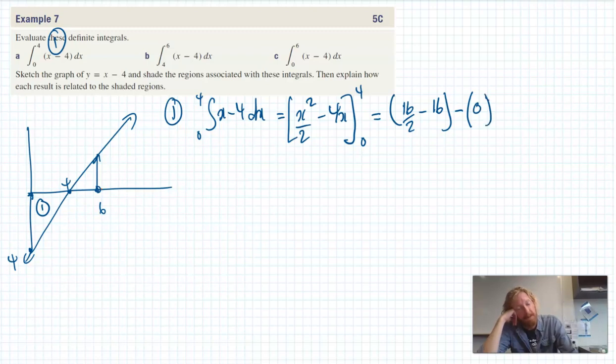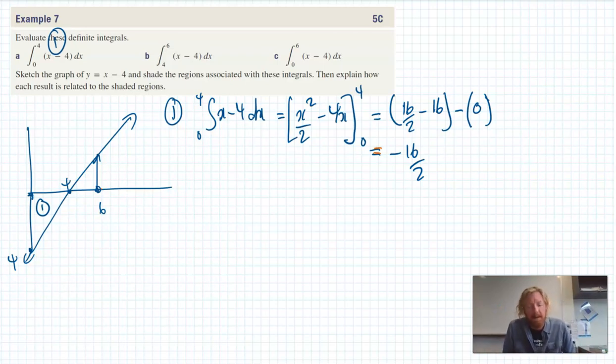That's always going to happen if you just have no constant terms in here when you sub in 0. So 16 on 2 minus 16, well that's 16 on 2 minus 32 on 2, so that is minus 16 on 2.